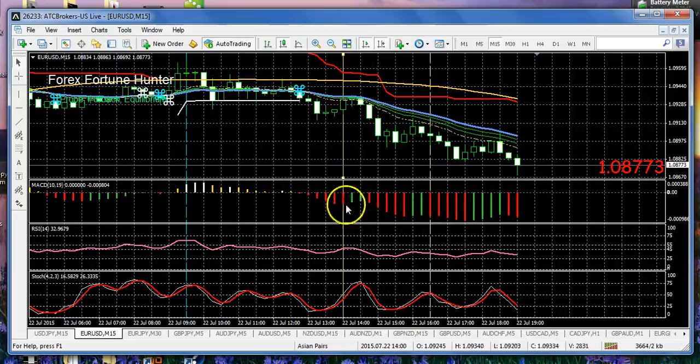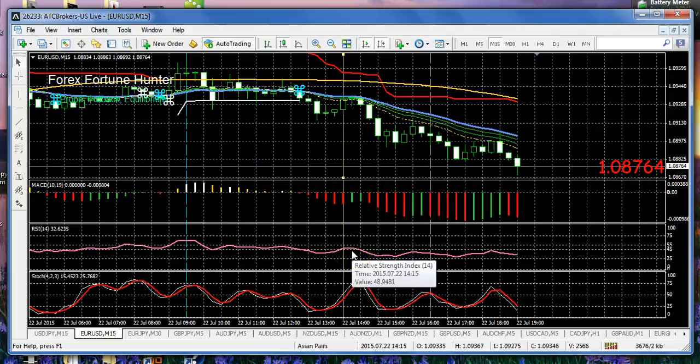This indicates a pullback. We have an overbought situation that developed here on the stochastic, and we have a pullback but not a breach of the 45-55 level on the RSI.